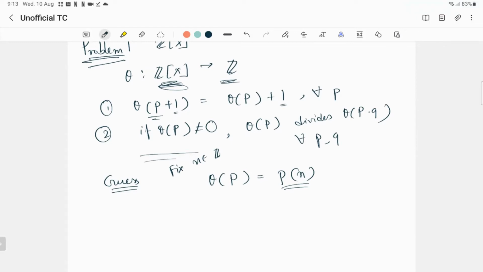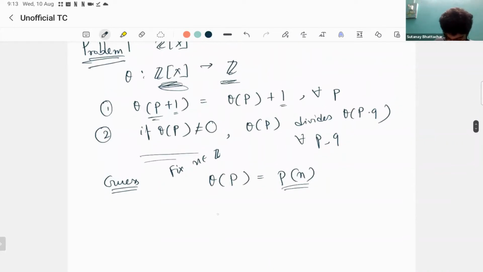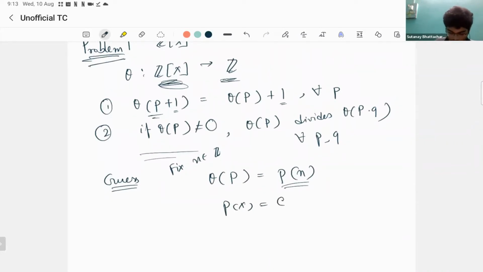We can just take p as constant. Sure, let's do that. So p of x is a constant, c.